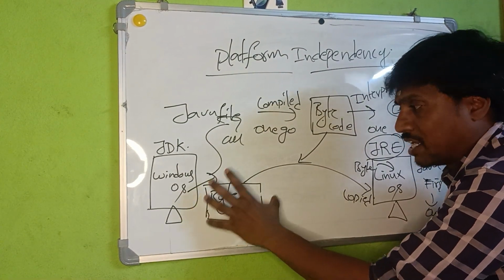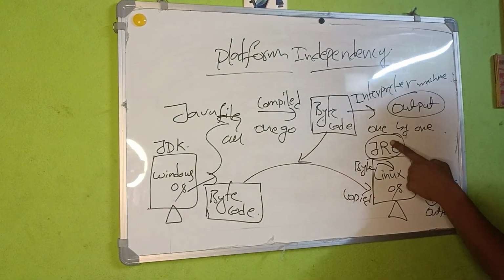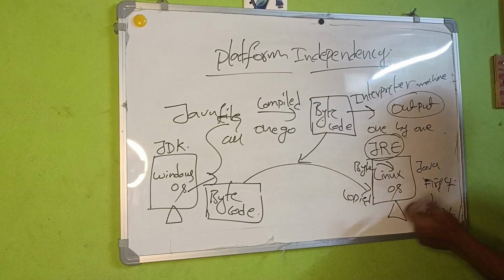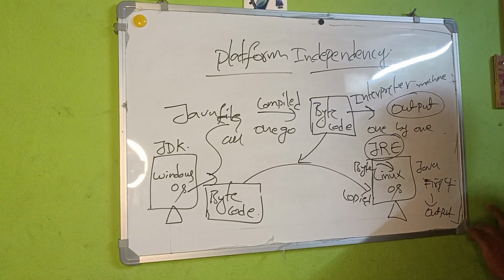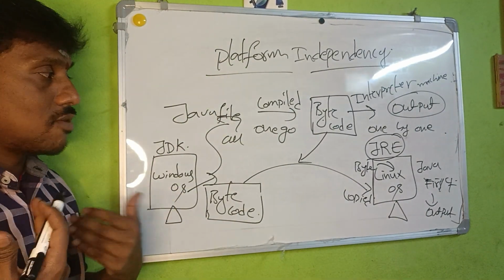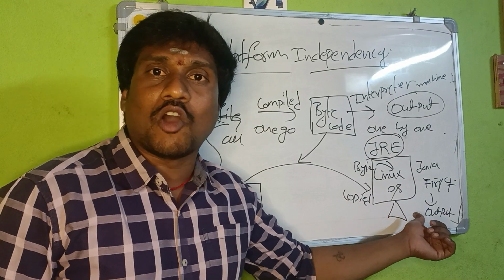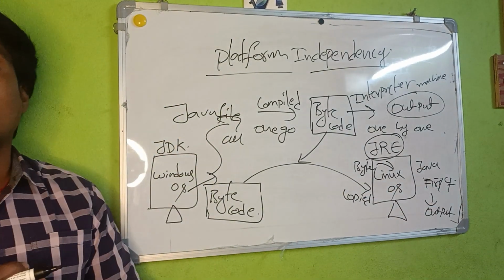This bytecode is called an intermediate code. This code I copied to the Linux OS. I have just JRE. Then automatically the JVM executes this and it will give an output. I took this file from the Windows operating system, copied it to the Linux OS, and I got an output.